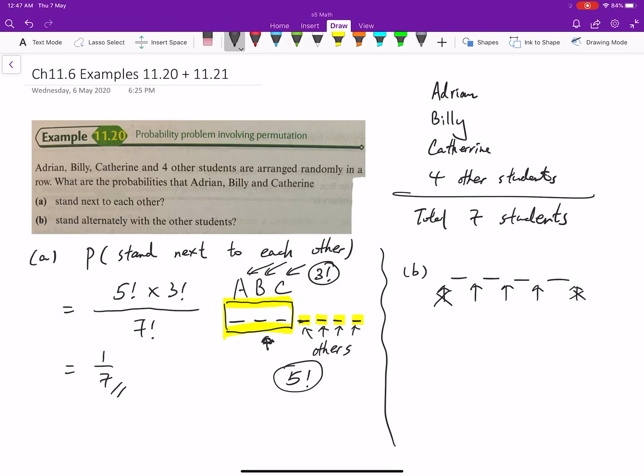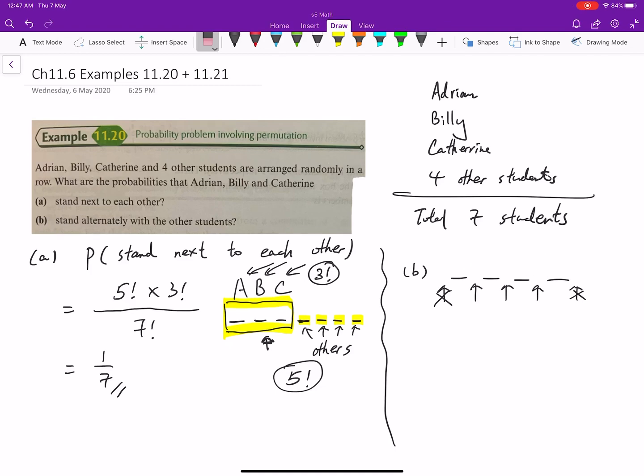That means other students and then one of them, and then other students and then one of them, and other students. Just imagine you pick these 3, then they are not alternating with other students, because here you will have 2 other students standing together, not alternately. So this does not work.